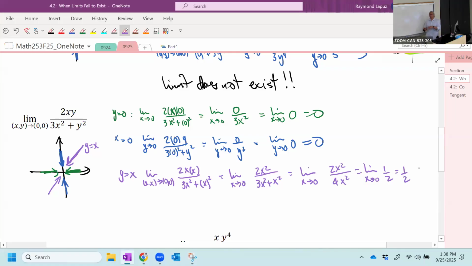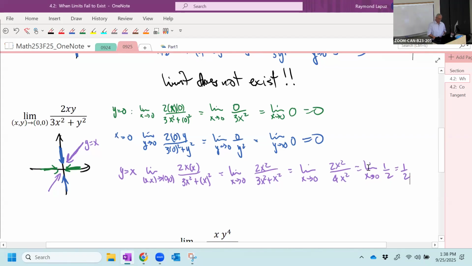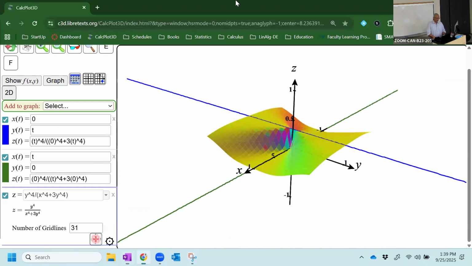So now we have a different limit from the other two paths that we took. Interesting, huh? I bet the graph would look interesting too.